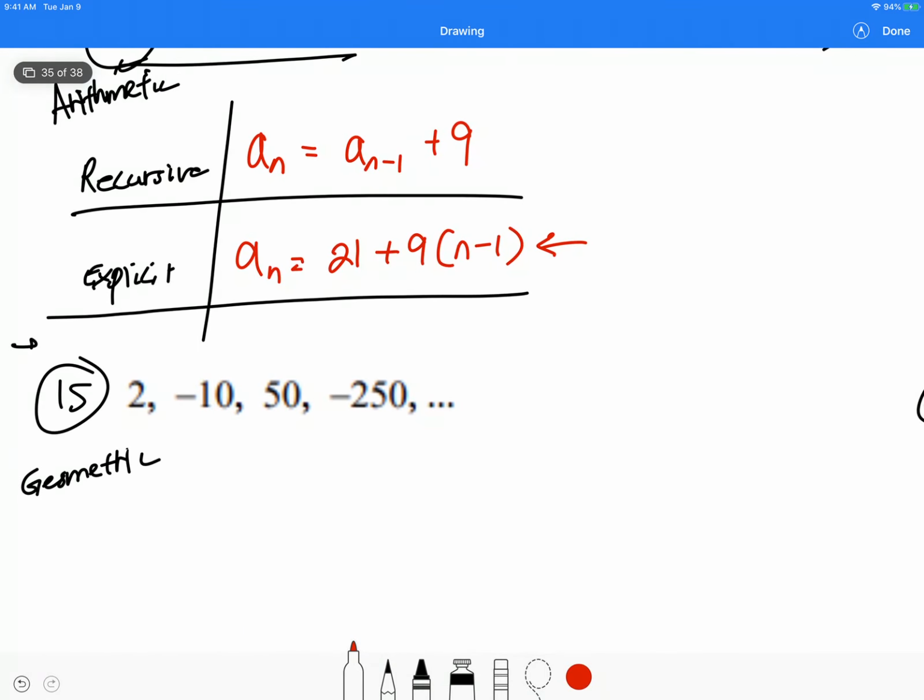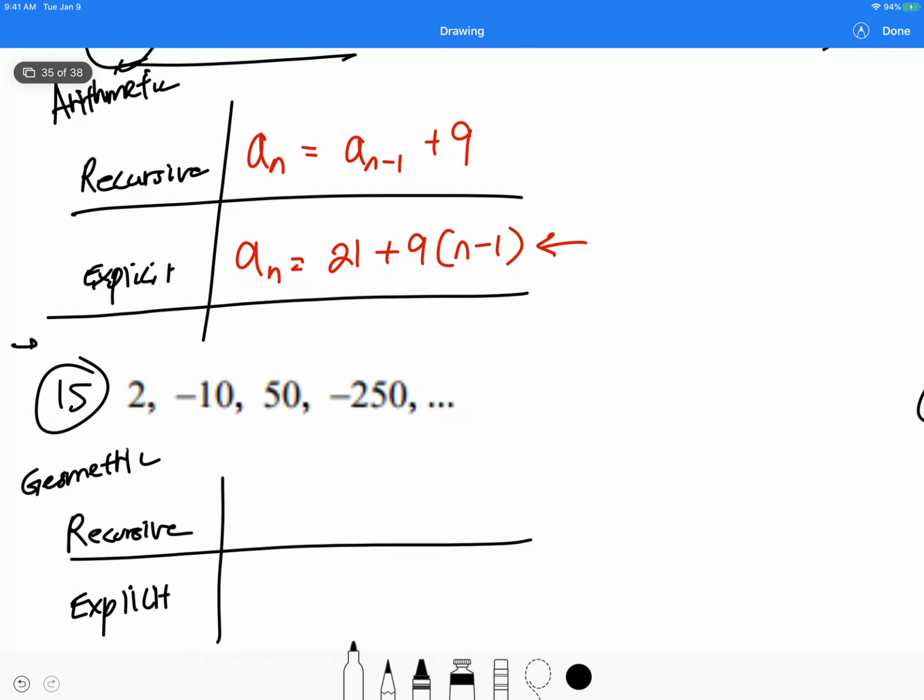Now for geometric sequences, let's write recursive and let's write explicit. For the recursive formula, it's going to be multiplied by -5 each time. That is going to be the common ratio.